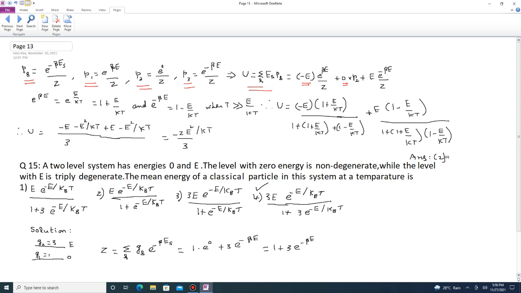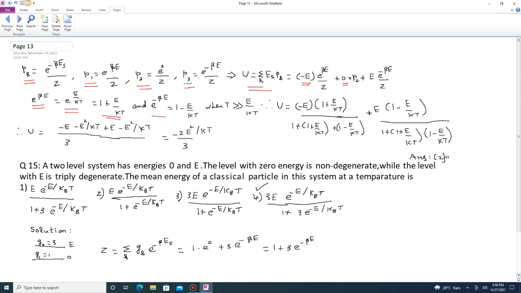now here let us take this expression for e power beta E. This is e power E by KT, and KT is larger, so E by KT is small, so that can be expanded in series. Keeping the first term itself, it is very small when compared with 1, so the higher order terms can be removed. So 1 plus E by KT.